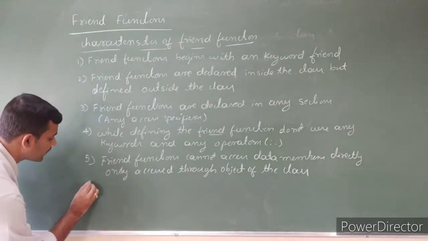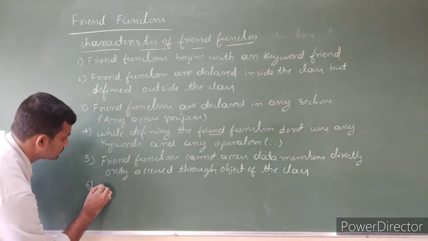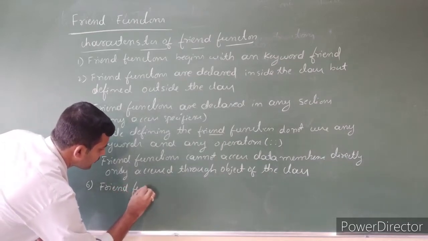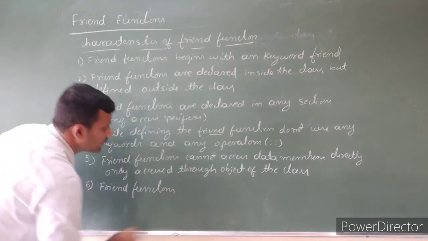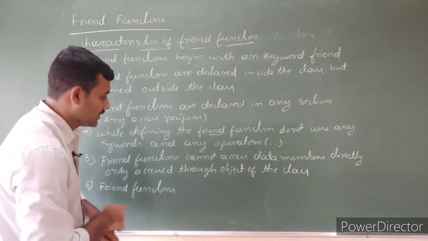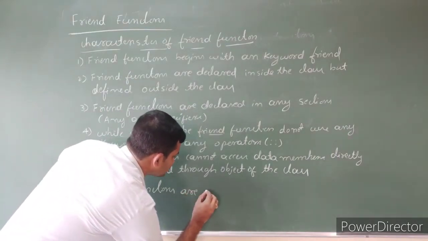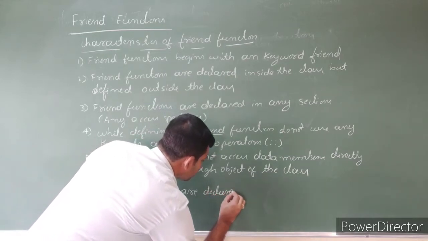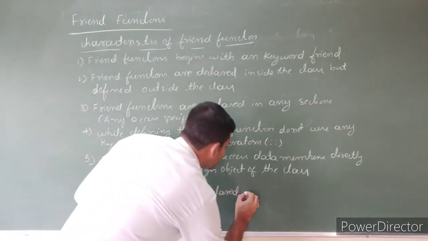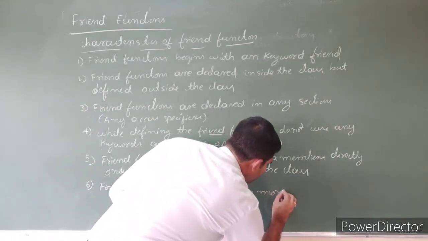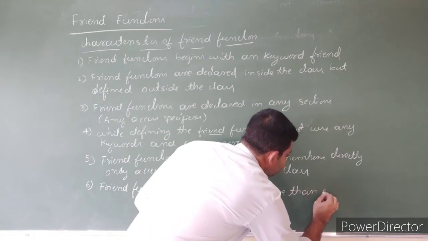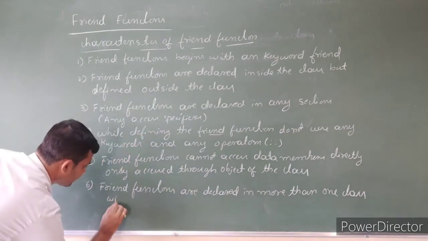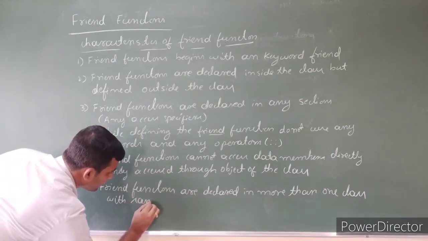Then the sixth one: friend functions are declared in more than one class, with the same name.